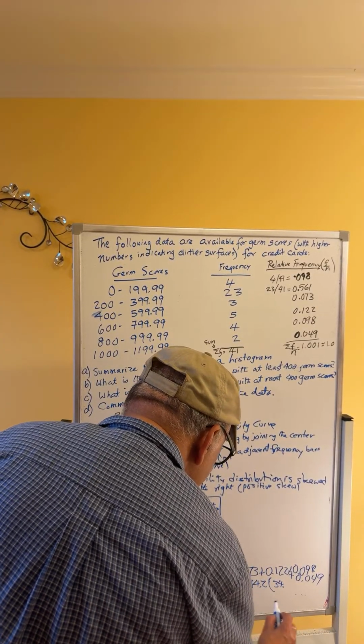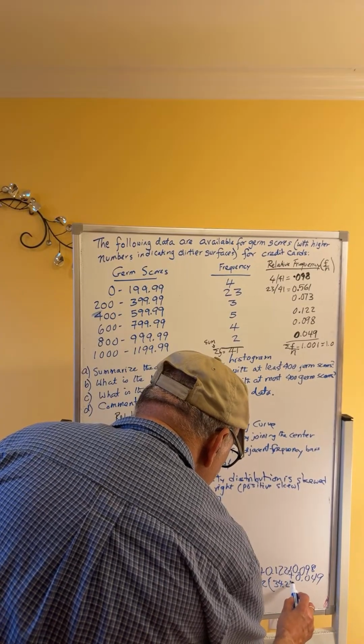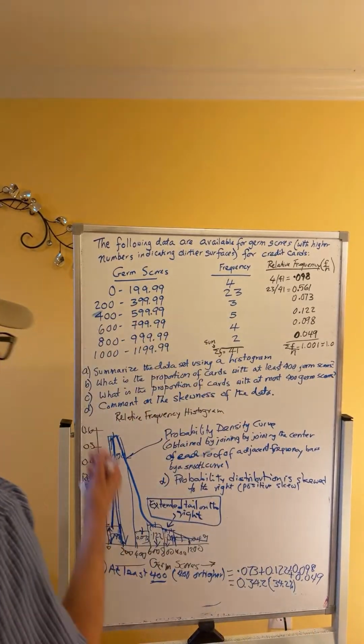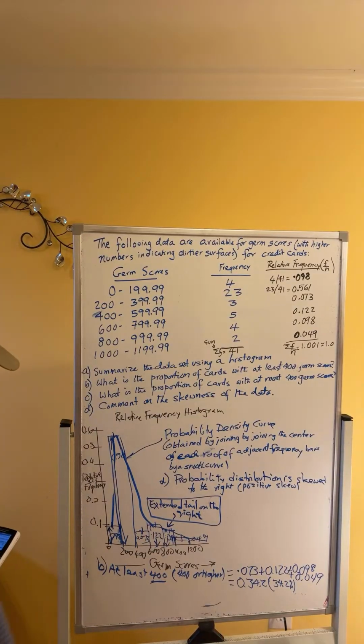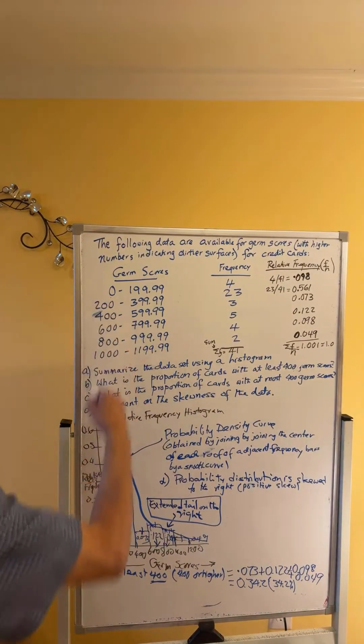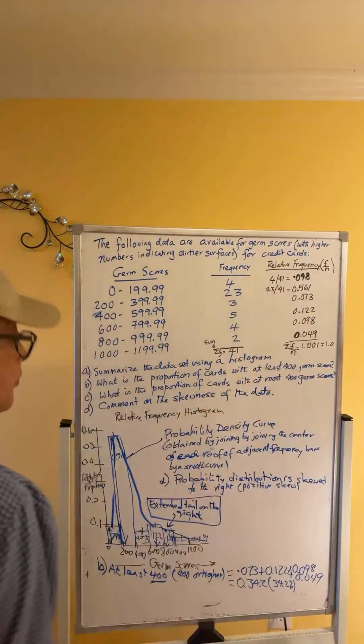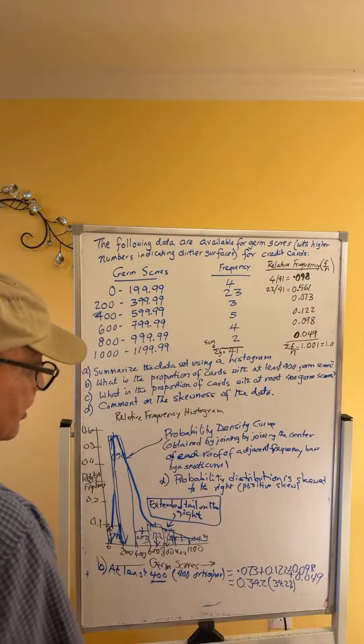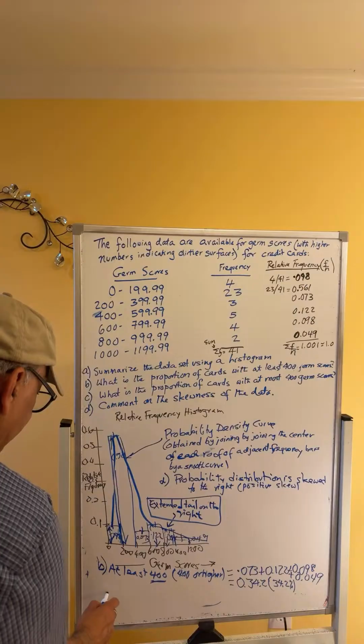Shift the decimal 2 places to the right. 34.2% of the cards have germs at least 400. Got it? 400 and above. Add the relative frequencies of the 4 classes, multiply by 100%.